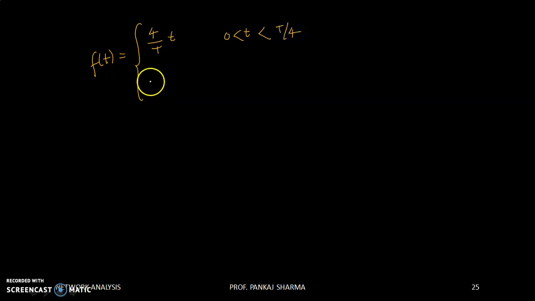We have f of t is equal to 4 by T t when t is greater than 0 but lesser than T by 4, and we have minus 4 by T t plus 2 for t greater than T by 4 but lesser than T by 2.